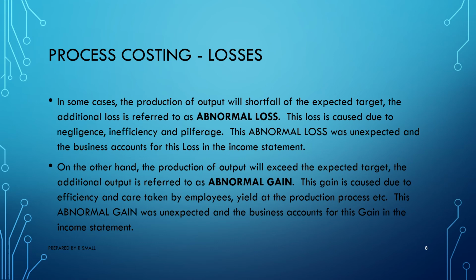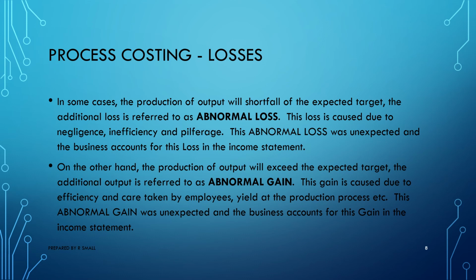In pilferage, which is like stealing, some stuff was stolen, so you didn't get the output. This is what we call an abnormal loss because you were not looking for it. So your normal loss is not accounted for and carries a nil value, but the abnormal loss is accounted for in your income statement.